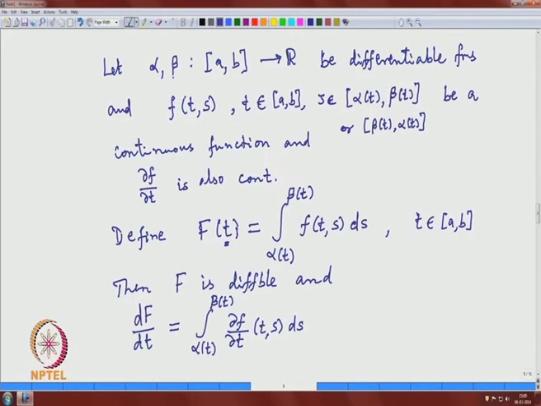And now, since the limits are themselves variables, we get some additional terms, and these are like this: f(t, beta(t)) times d beta by dt.